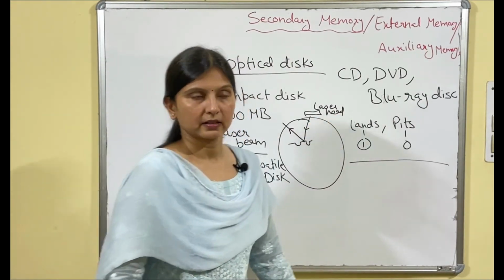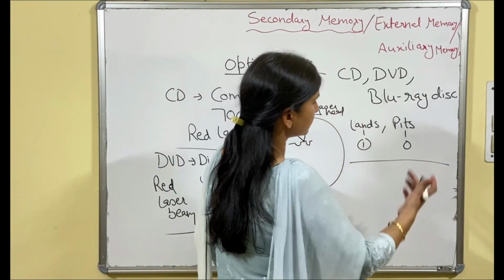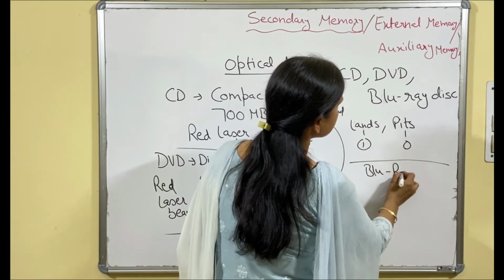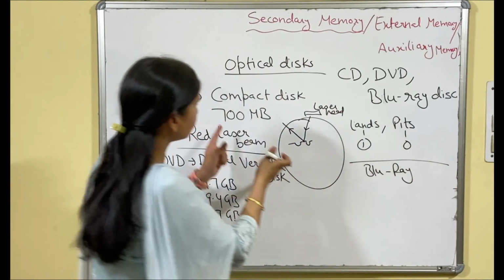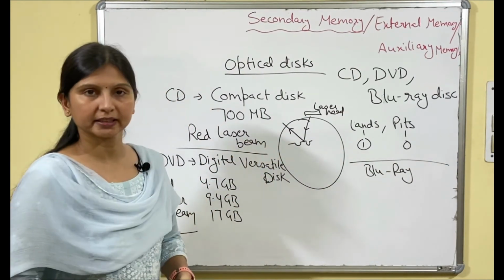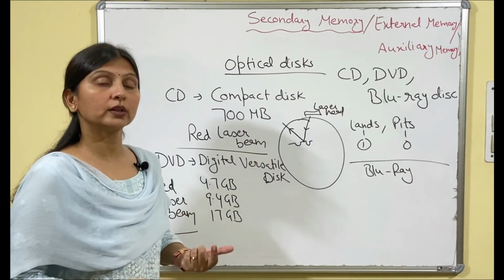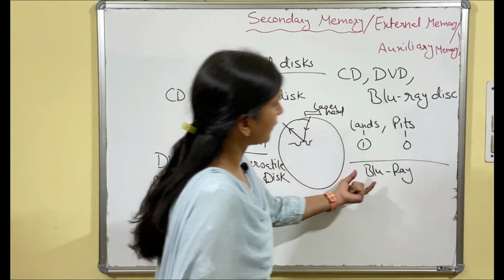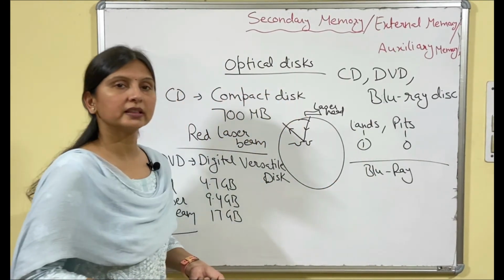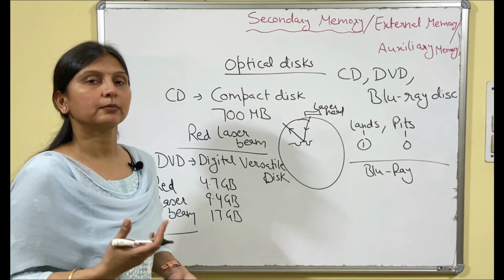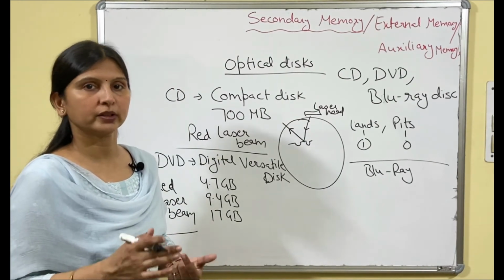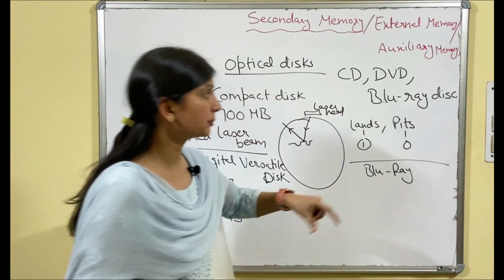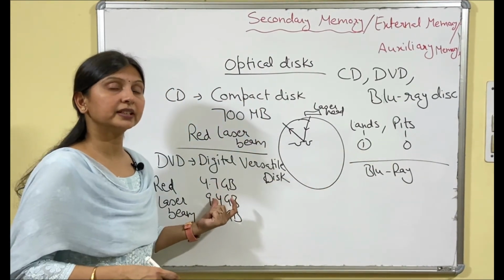Now come to the Blu-ray disc. Blu-ray storage capacity is very large as compared to CD and DVD. It can store high quality videos and audios. And why is it called Blu-ray? Because in this case we use blue color laser beam to read data as well as write data, and you cannot run Blu-ray disc in the DVD drive.